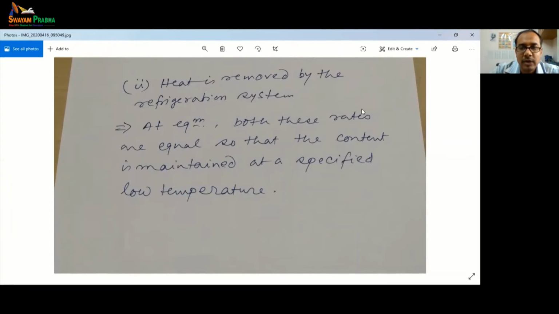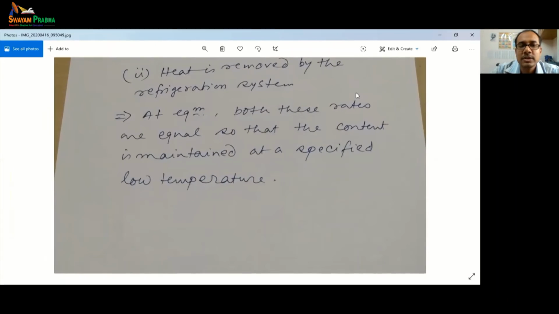Okay, so ideally at equilibrium both these rates are equal, so that the content is maintained at a specified low temperature. Suppose you want to keep it at 5 degrees centigrade, the can of milk. So at that equilibrium, whatever heat is getting added from the room and whatever heat is getting extracted by the refrigerator, both of them match, and that's why the temperature is maintained.